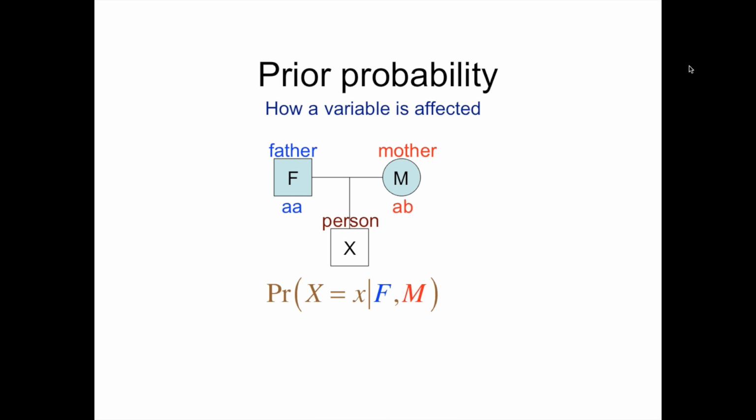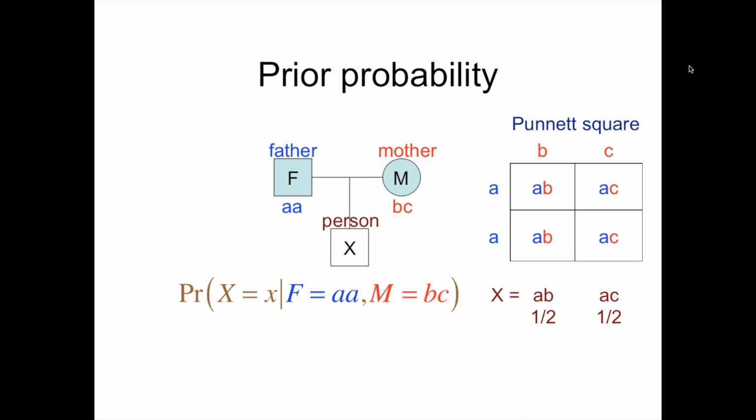Okay, so how is this prior knowledge about this individual affected by other variables flowing in? As you remember from college genetics, we can draw a Punnett square to address a question like this and work out the probabilities of different genotypes.